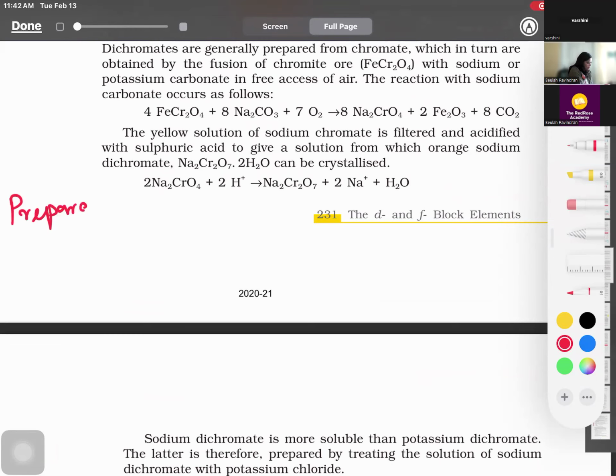Preparation. Okay. There are many methods by which you can prepare it. From potash alum. Sorry, from potash chromate first we will learn.